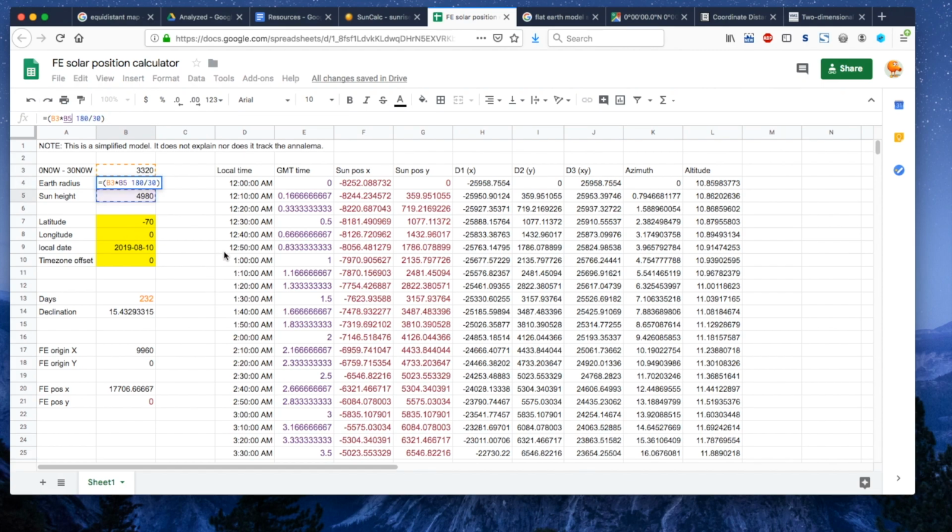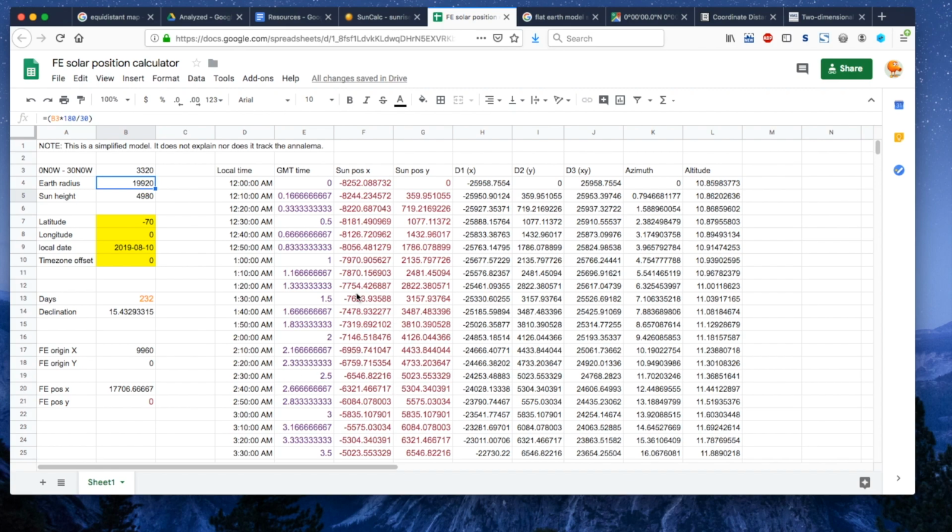The sun's height is based on the distance between 45 degrees to the equator and the height of the sun to create a 45-degree angle.